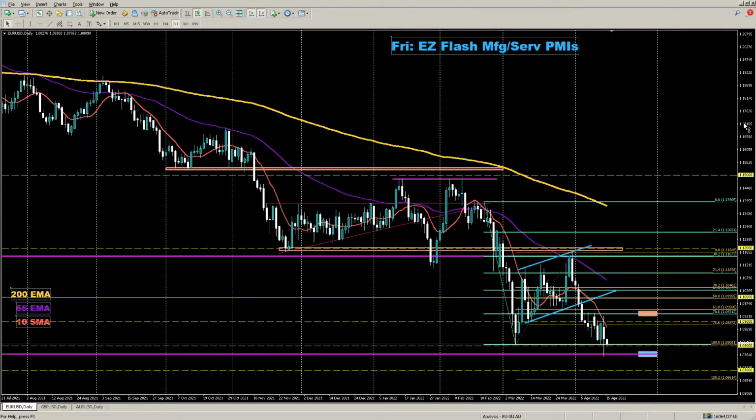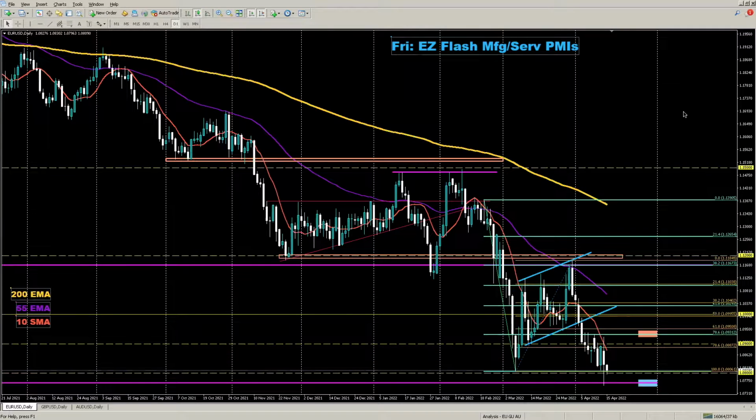On Friday. And let's also check out the US dollar index. It was because of this dip in the euro that actually helped the US dollar to spike higher as well.